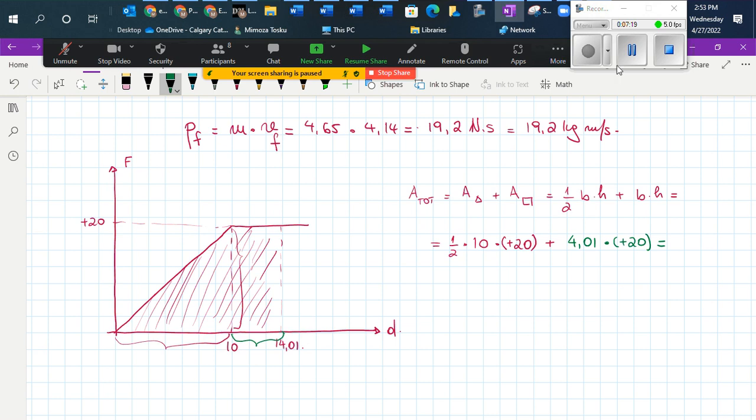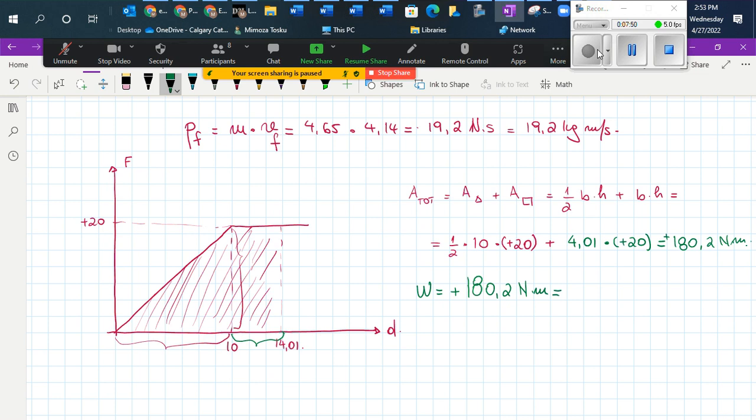So the total area after you enter it in your calculator will be 180.2 newtons times meters. Then this is equal to work, and it is positive, 180.2.